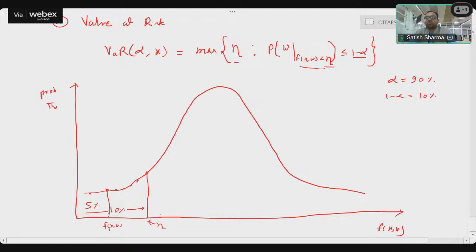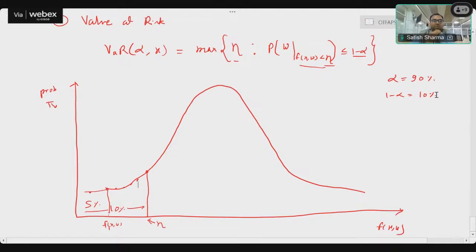So for a 10% probability, whatever the function value is, that is our value at risk. With a confidence of 90%, 10% of the time the profit will be less than a certain value, and that certain value is basically the value at risk. Okay, so this is how it is defined.